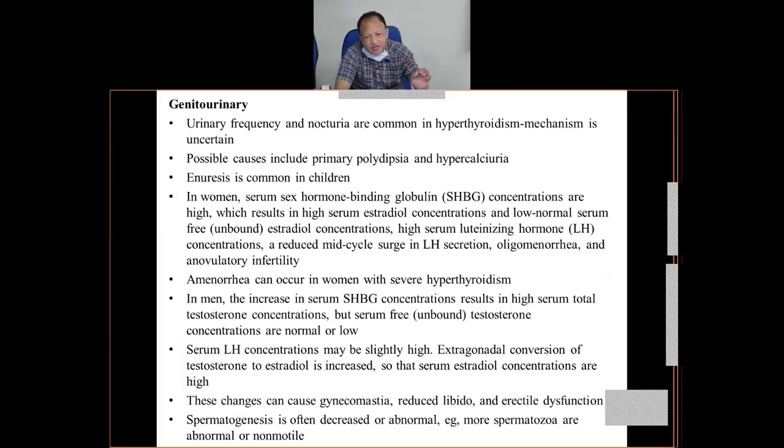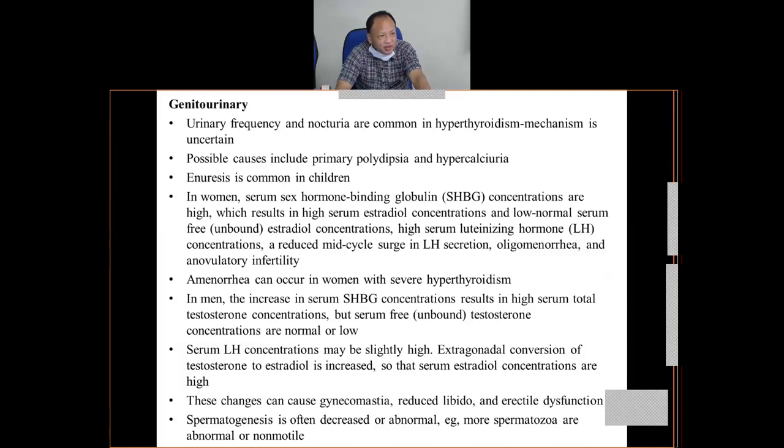This results in high serum estradiol concentrations and low or normal serum free estradiol concentrations. There will be high luteinizing hormone concentrations and a reduced mid-cycle surge in LH secretion, and because of that, there will be oligomenorrhea and anovulatory infertility.